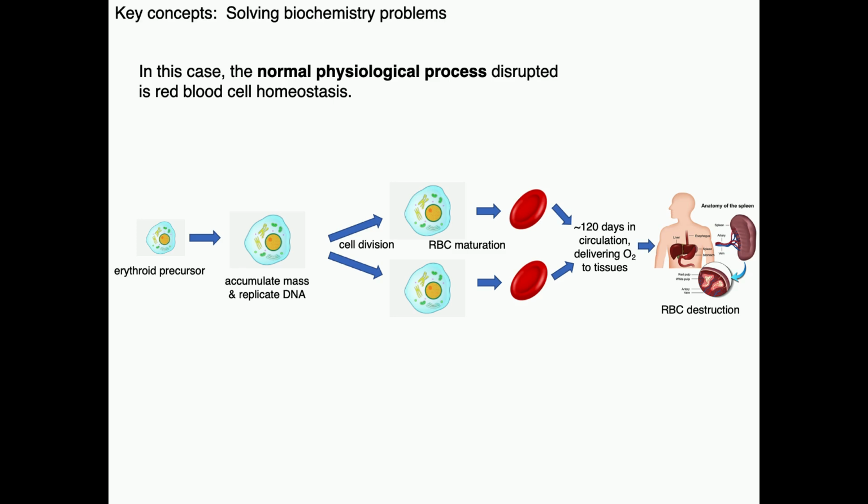The number of red blood cells circulating in your blood is going to be reflective of the rate of synthesis of the erythroid precursors and their maturation into red blood cells in the bone marrow. That's one end of it. Another end is the destruction or removal of those red blood cells from the circulation in the spleen.